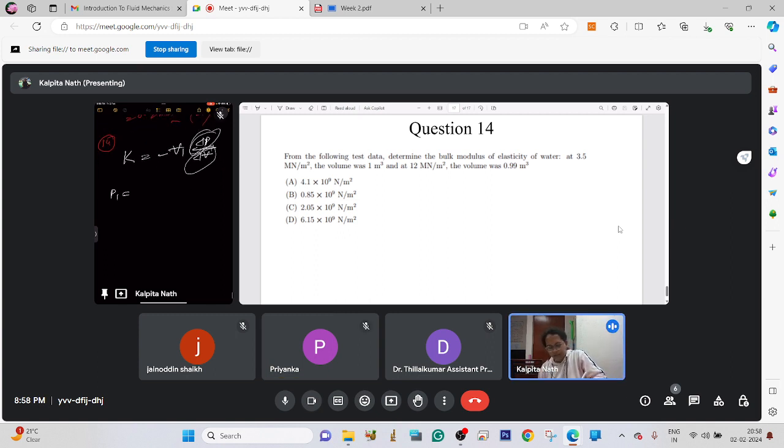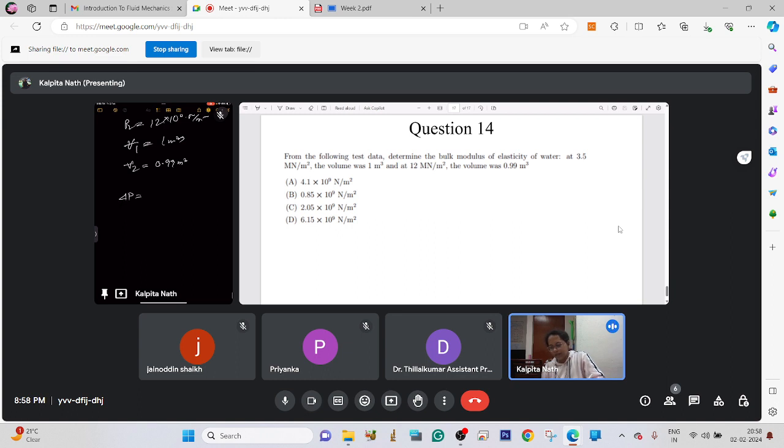P1 is given as 3.5 into 10 to the power 6 Newton per meter square. P2 is given as 12 into 10 to the power 6 Newton per meter square. For volume 1, it is 1 meter cube. For volume 2, it is 0.99 meter cube.